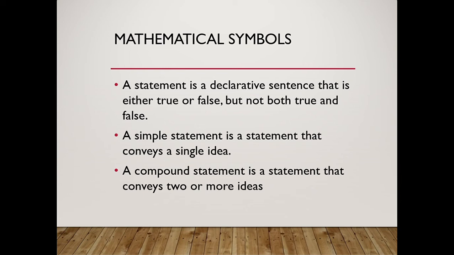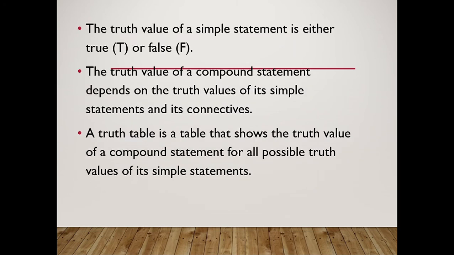A simple statement is a statement that conveys a single idea, and we all know this one. A compound statement is a statement that conveys two or more ideas. The truth value of a simple statement is either true (T) or false (F).